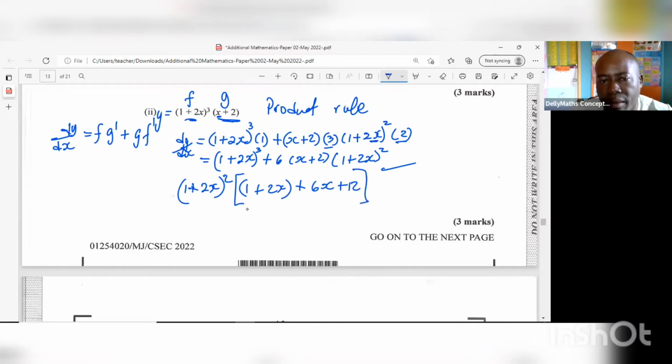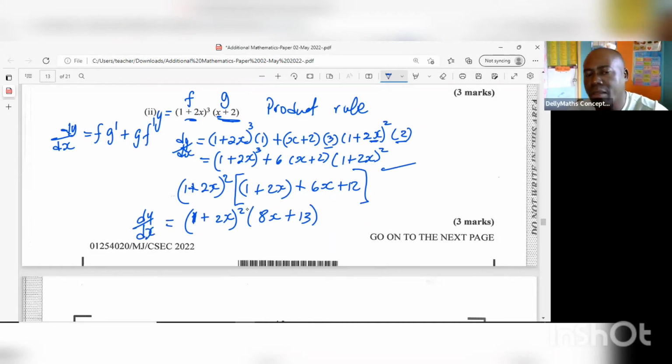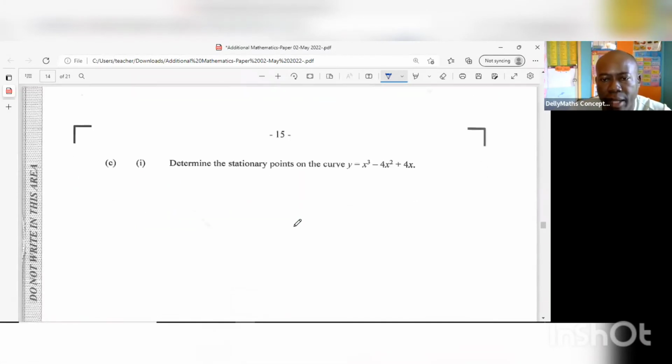And then I could clear up on the inside, basically. So I could have 1 plus 2x squared. And this is going to be multiplied by, let's put this together, 8x plus 13. And I could leave it there. So I'll just leave it there. The dy dx would have given me that. So that's what we have here.